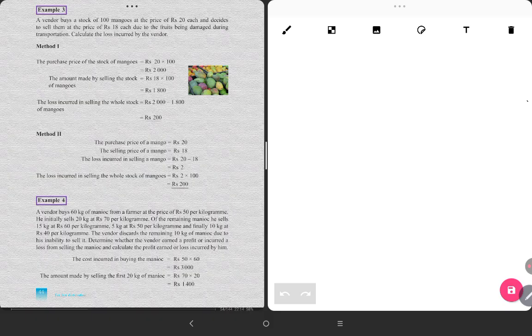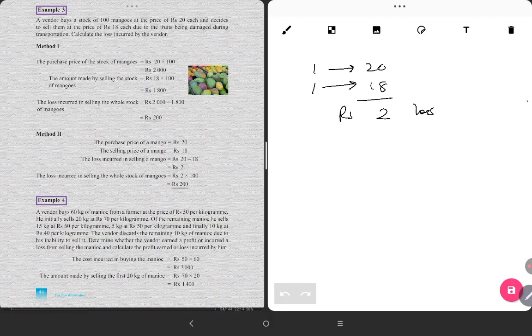Now the example says calculate the loss incurred by the vendor. One mango he purchased at 20 and is now selling at 18. For each mango he is making a 2 rupee loss, correct?